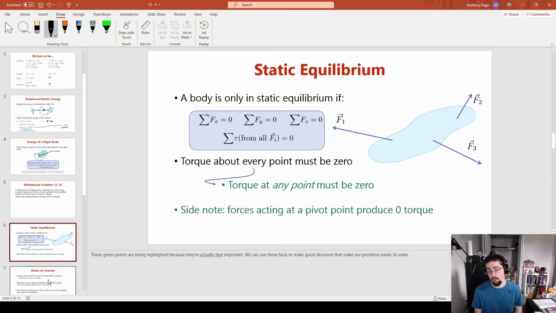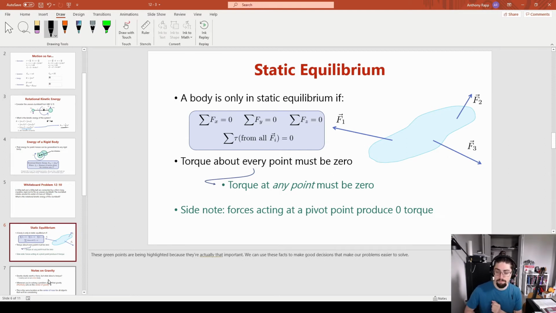You might argue that a rotation is a dynamic equilibrium, and I could agree with that. But for true static equilibrium, we need zero net force, zero net torque, zero velocity, zero angular velocity. All of those things must be true for us to be in what we call static equilibrium. We look at that thing and we should agree that it's completely still. It's not doing anything, and it's not about to start doing anything.